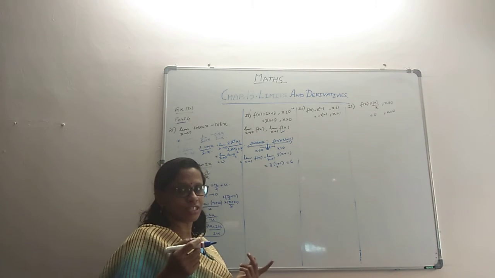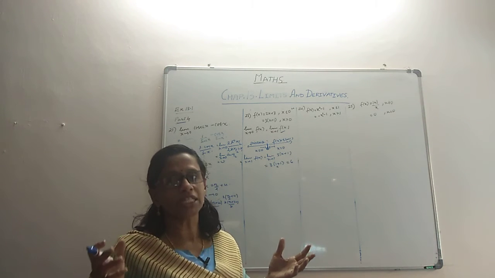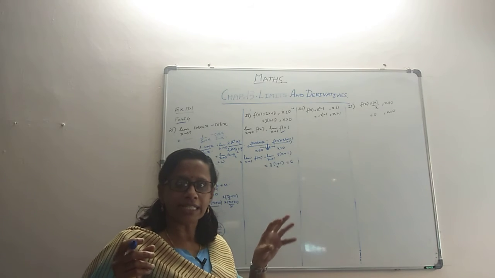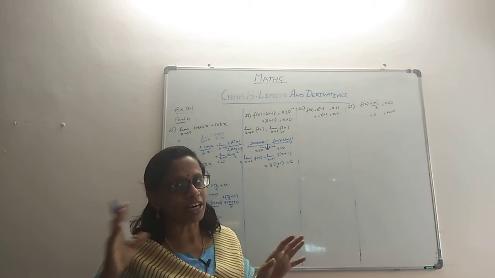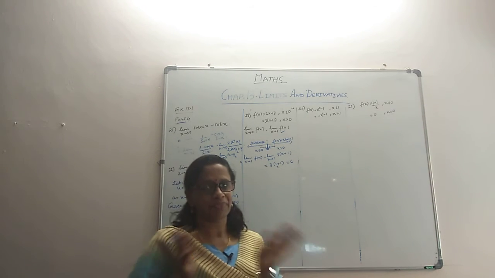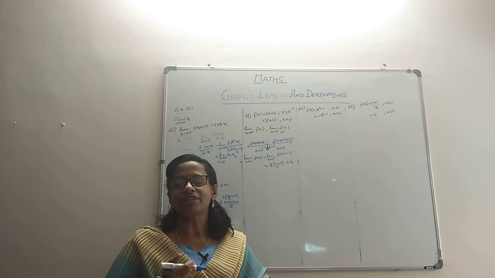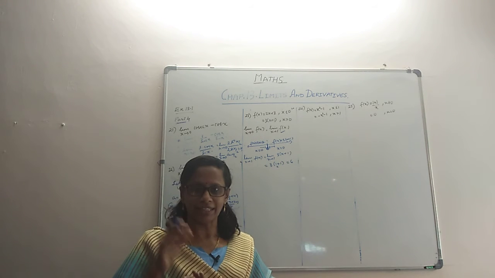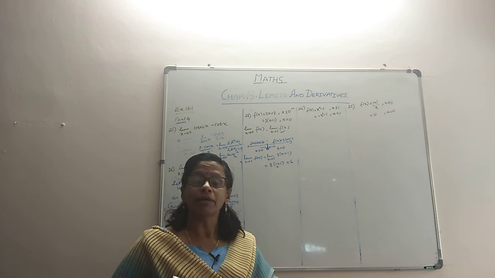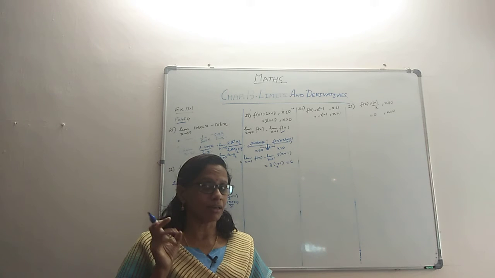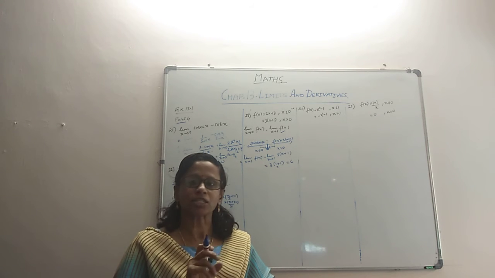In such cases where there are two definitions at a certain point, we calculate something called the left limit, and we calculate something called the right limit, and we check. If both the limits are the same, then we decide that the limit is this particular value. But if both limits are different in value, then we say the limit does not exist.